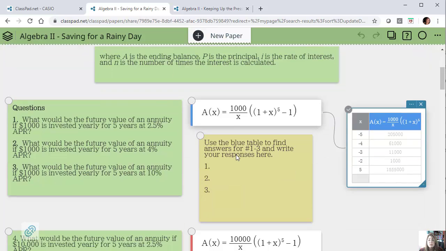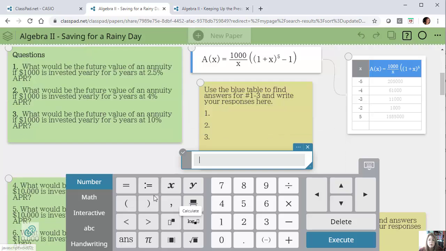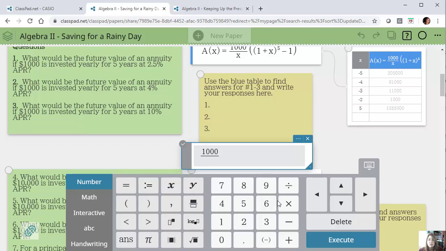So basically, they can evaluate it a couple of different ways. They could pull up a calculator sticky. There we go. And plug it in, so like 1,000, well, let's just do it, right? So 1,000, and then X is the interest rate. So for the first question, it's 0.025, and then it's 1 plus 0.025 raised to the 5 years, right?